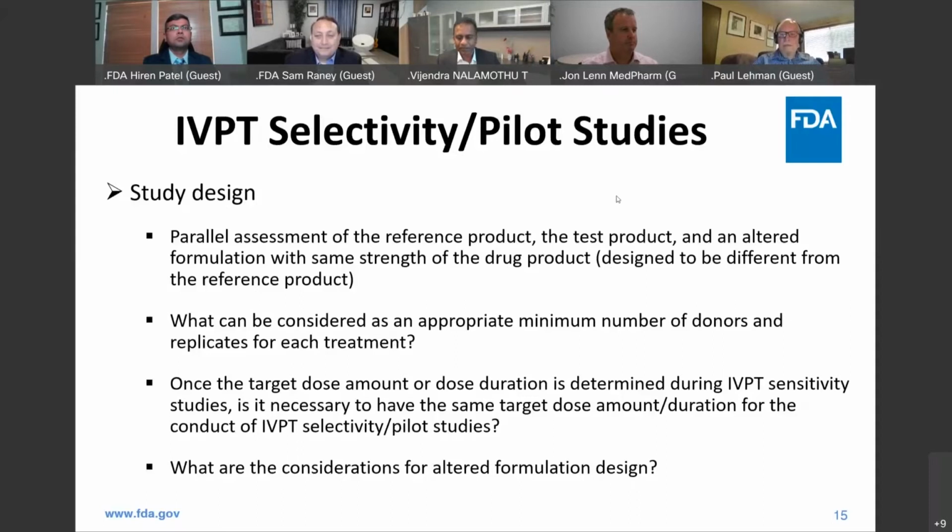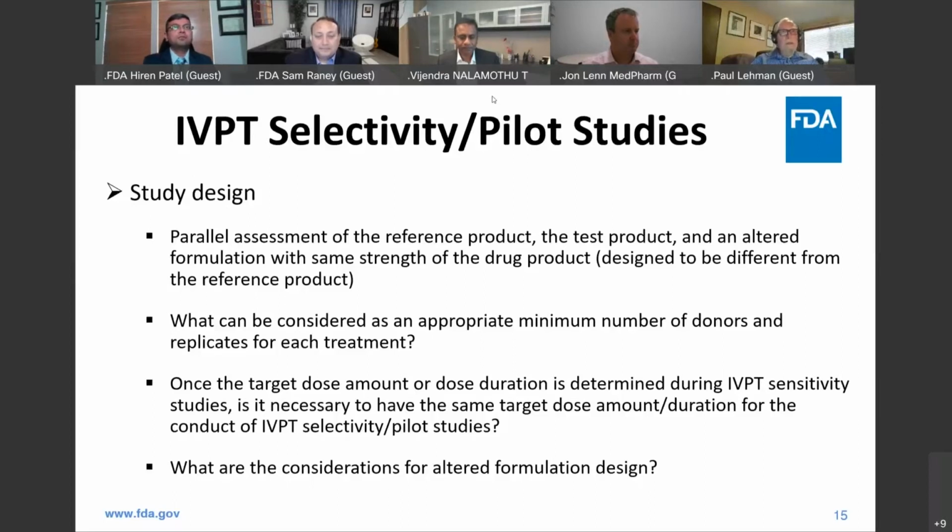Typically, viscosity modulators or chemical penetration enhancers in the formulation can change the profiles drastically. So instead of going away from the formulation, sometimes you can look within the formulation also at how drastically it can change, particularly looking at the sensitivity data.